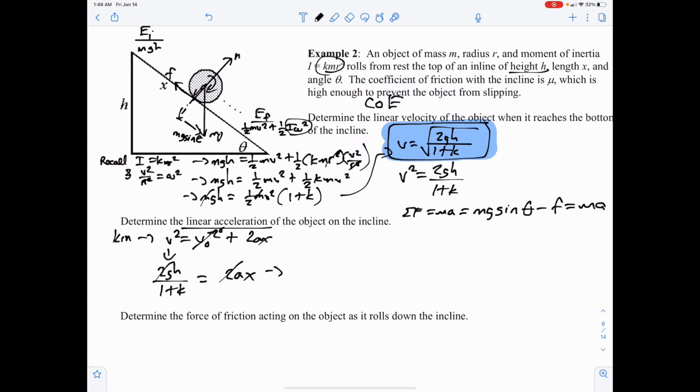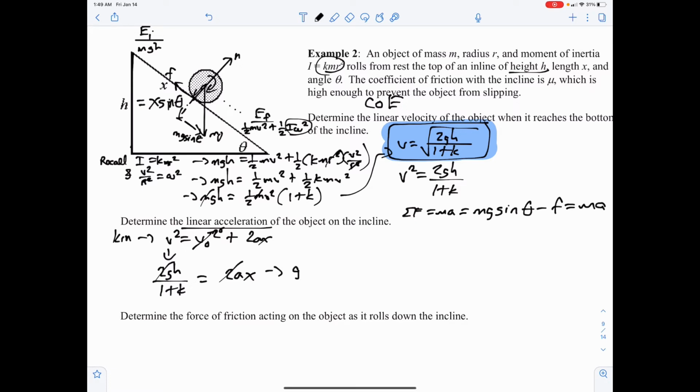okay. Now let's not forget to change the h. The h itself is, let me see. Yeah, okay, so the height is the opposite side of things, and that would be the x times the sine of theta.